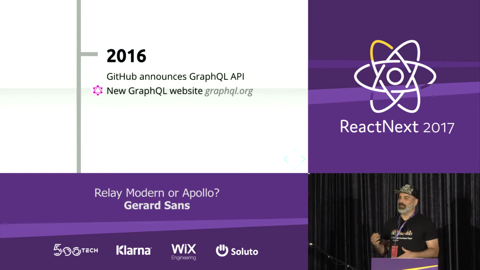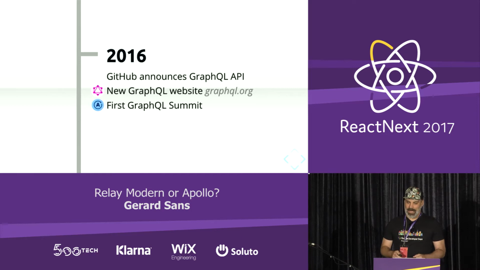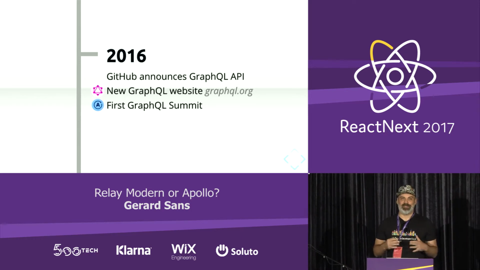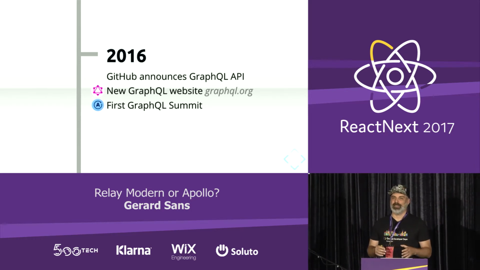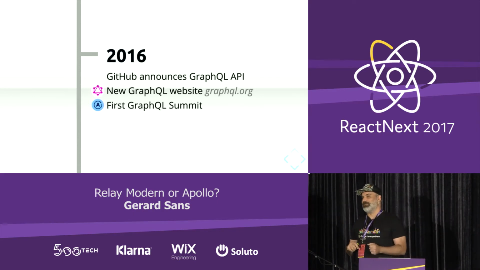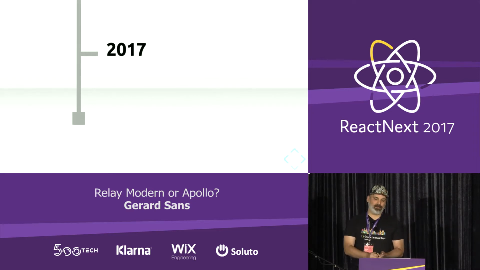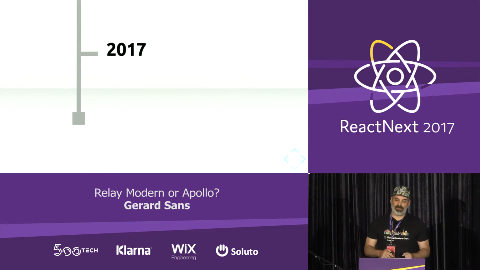Then we get the first website, which is graphql.org. And we celebrate with the first GraphQL-only conference, which is GraphQL Summit. That was last year during October. And just this year, we also had some interesting news.